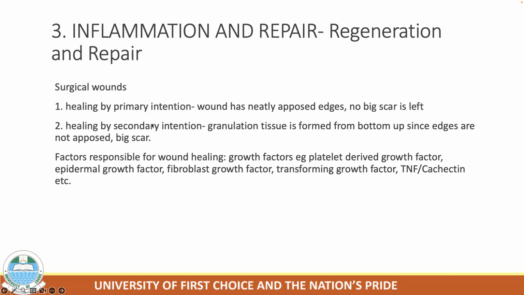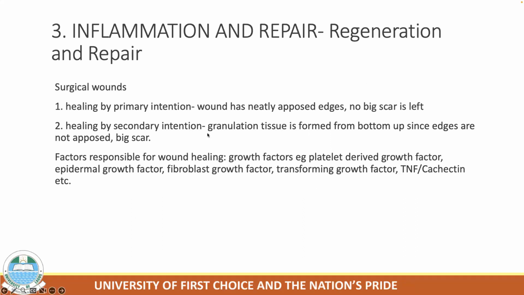The other way it can heal is secondary intention, where, either by plan or by negligence, the skin is not properly placed in a way that enables the edges to close without any scar.